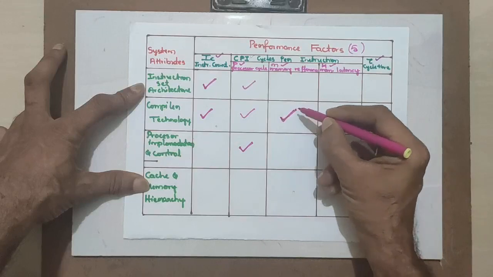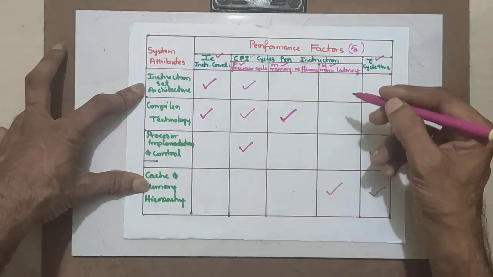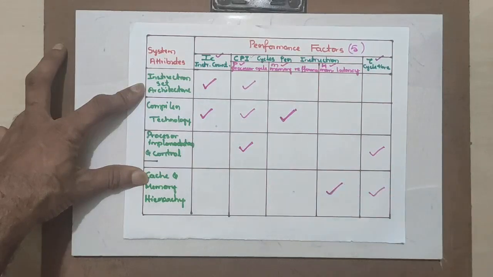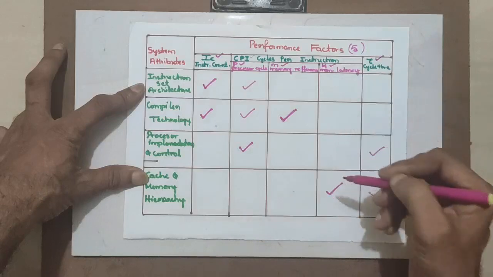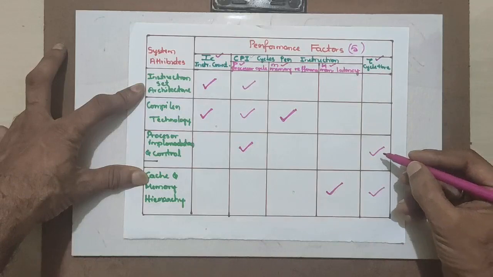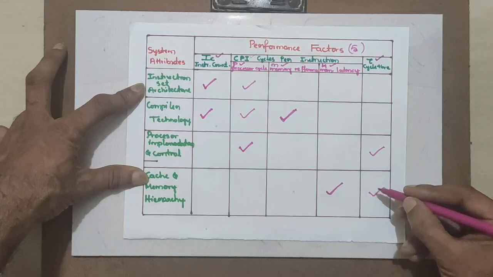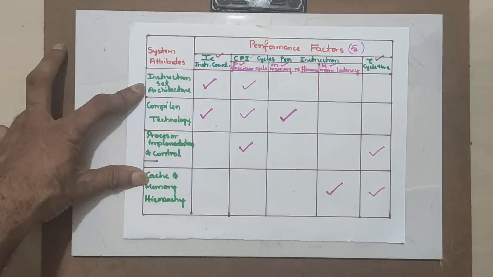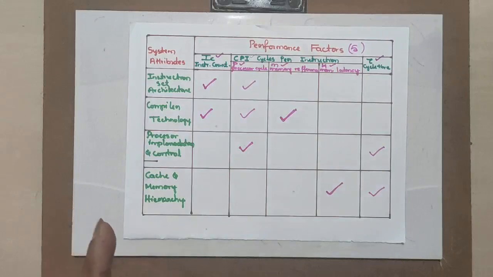The memory latency mainly depends upon the cache memory and hierarchy, how the registers are arranged, how the processor is allotted with the memory. The cycle time depends upon processor implementation and control as well as memory. Hence, these 5 performance factors are related with the 4 system attributes. This table gives you an idea of that.